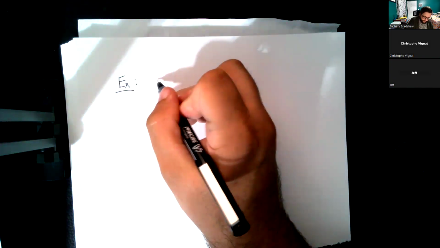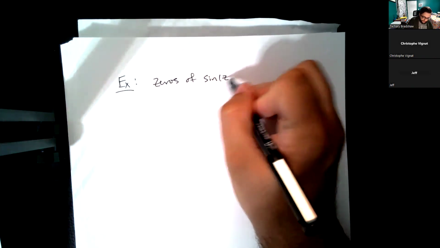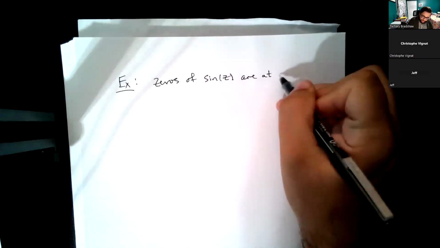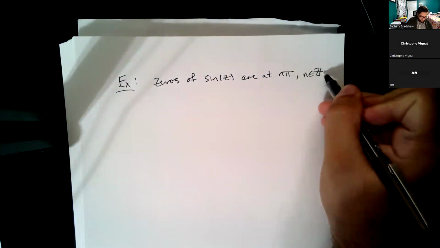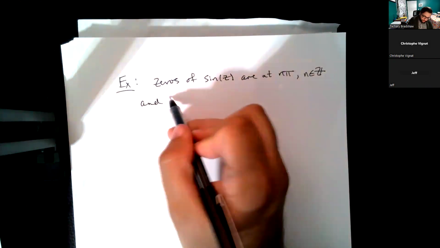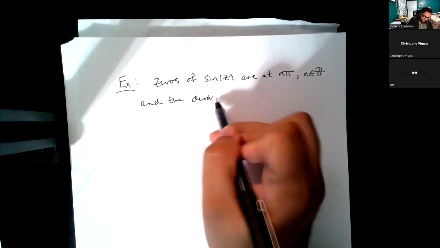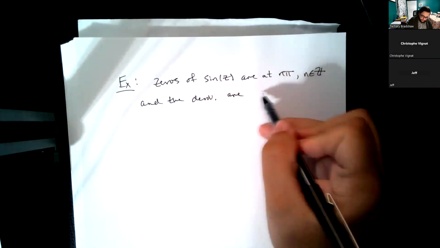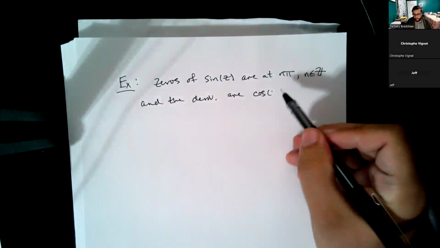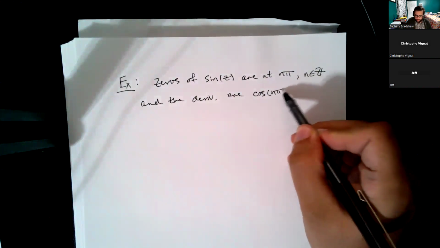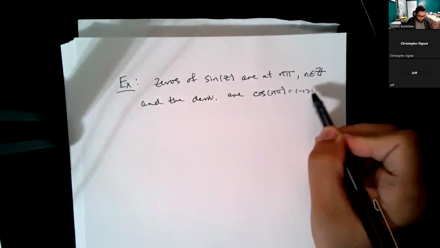Okay, here's an example. The zeros of the function sine of z are at n pi, where n is an integer. And the derivative is cosine, which we evaluate at n pi, and this is minus 1 to the n.